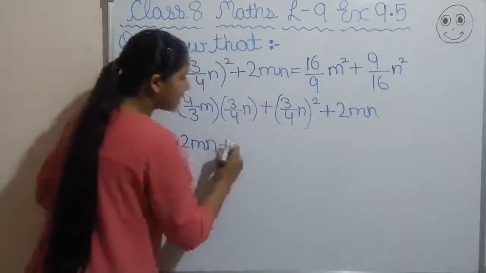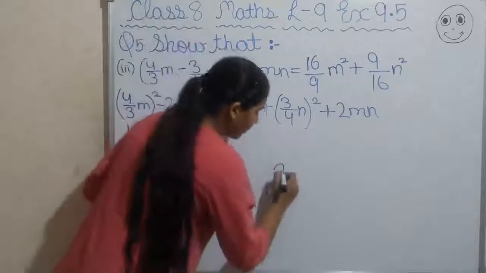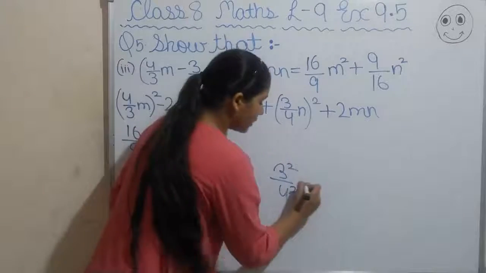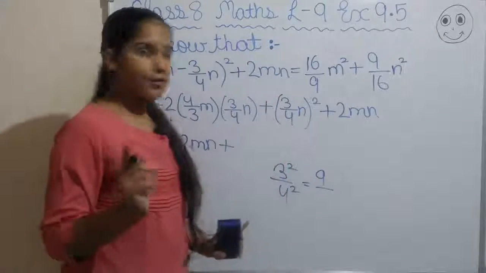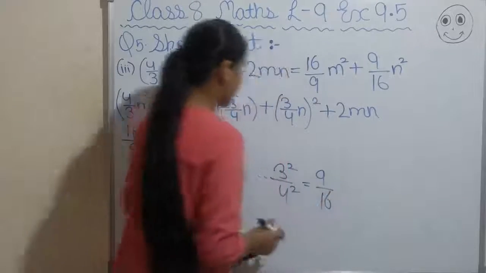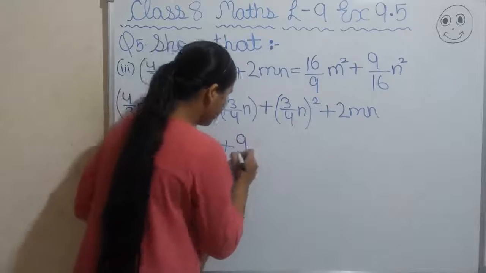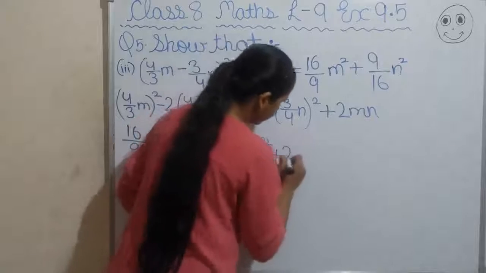Then plus as it is, 3 by 4 whole square, again we write 3 square upon 4 square, 3 3s are 9, 4 4s are 16, so 9 by 16 n square, then plus 2mn as it is.